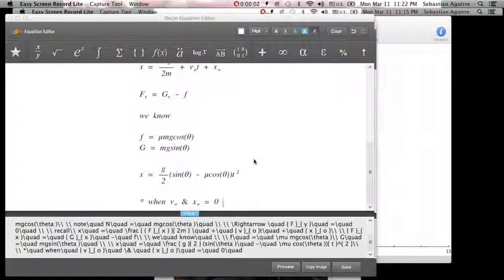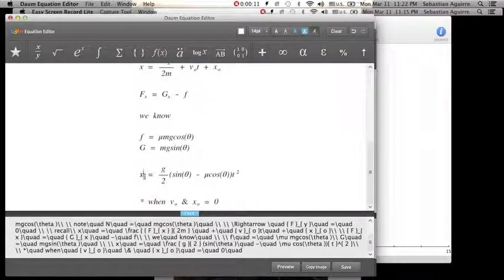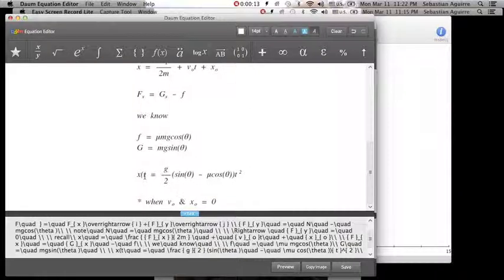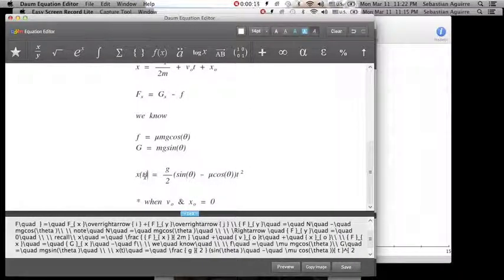For this type of block problem, or inclined planes with blocks sliding down, this is your generic equation or function, our position versus time. You can see that theta is constant, just problem dependent or case dependent. G is constant, and depending at which point in time you're talking about, T will vary your position.